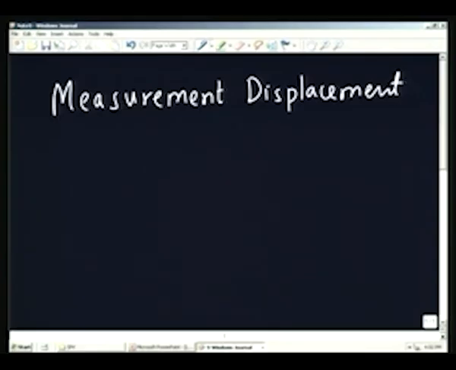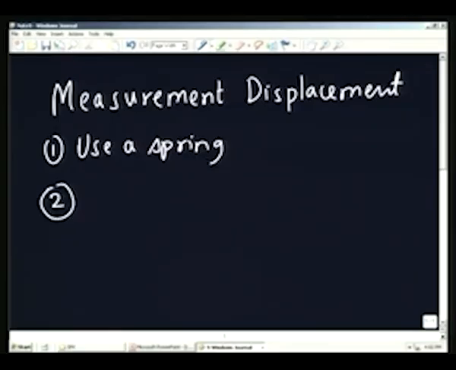One is to use a spring itself. Second, we can measure the displacement by using a displacement measuring device.